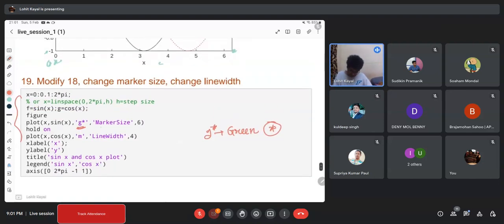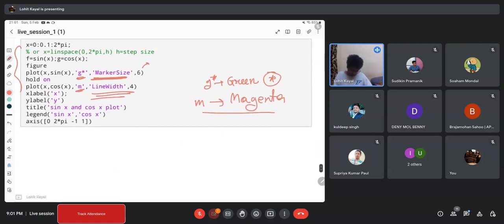This is also a new thing: marker size. Previously we learned line width, and now this is marker size. Marker size 6. Hold on, x cos x, m means magenta, and here line width is 4.